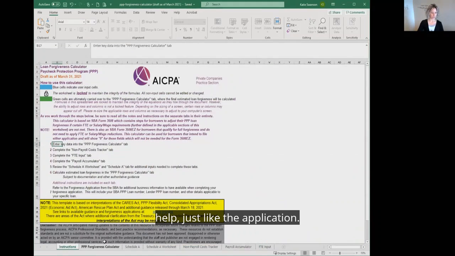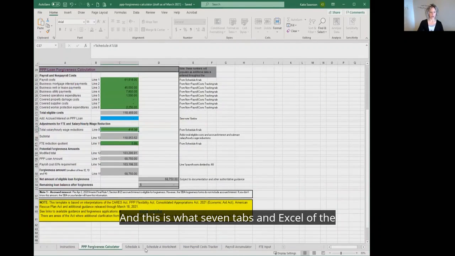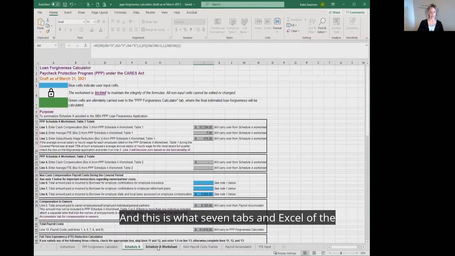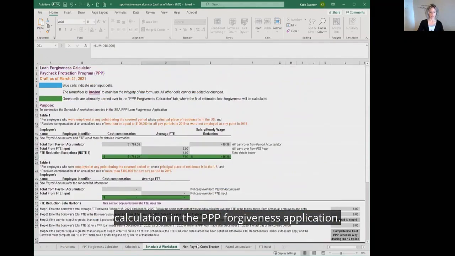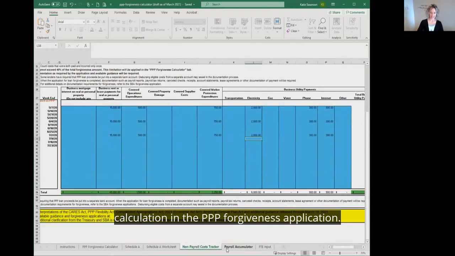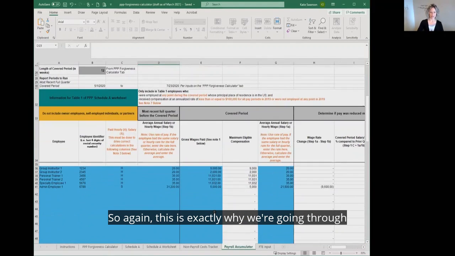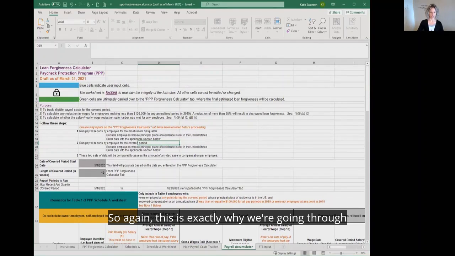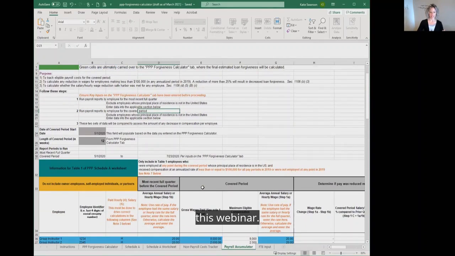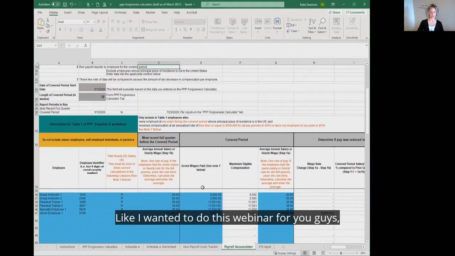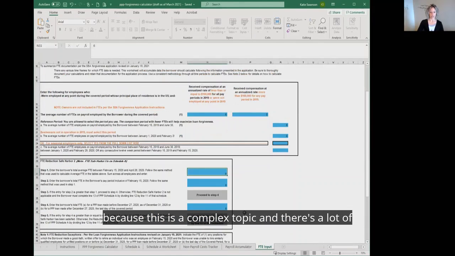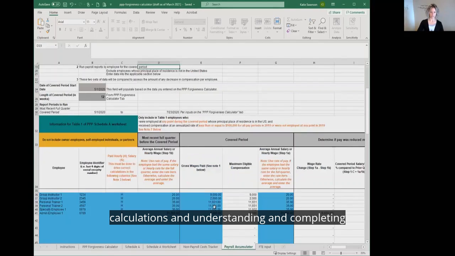This is 7 tabs in Excel of the calculations in the PPP forgiveness application. So again, this is exactly why we're going through this webinar. I wanted to do this webinar for you guys because this is a complex topic and there's a lot of calculations and understanding in completing the PPP forgiveness application.